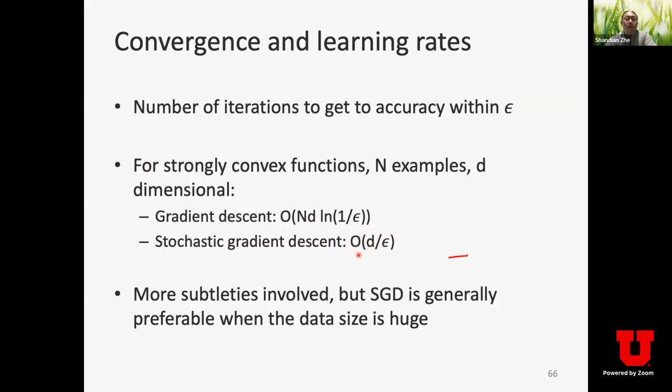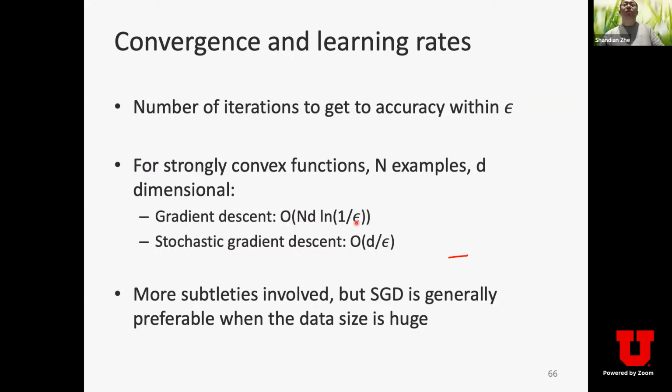So what we can observe is that the number of iterations required by stochastic gradient descent has nothing to do with the data size, right? First, is there any question regarding the understanding of these results?